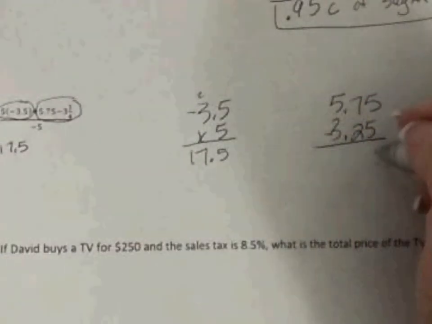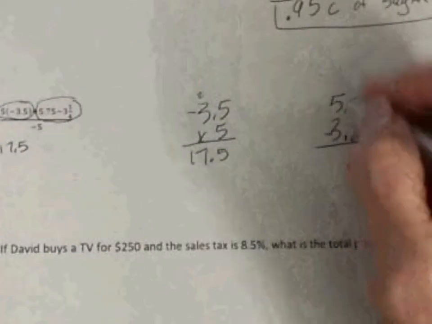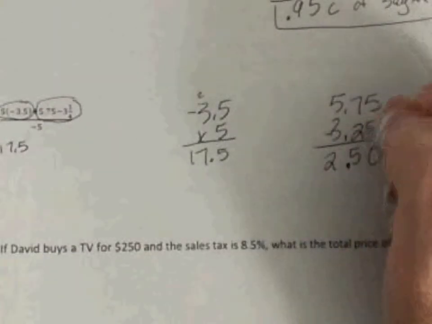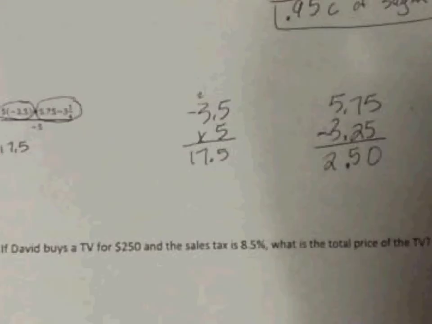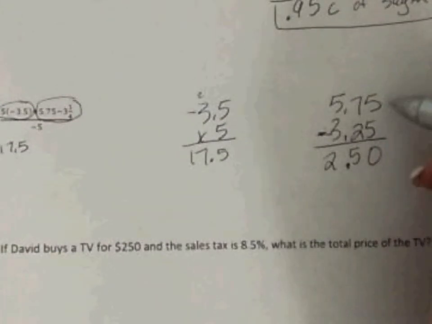So I subtract, line up my decimals, so I get 2.50. Remember rules of adding and subtracting? It's a subtraction problem, and if the signs are different, the larger of the signs gets to keep its sign. So our 5.75 was our positive, so our answer is positive.